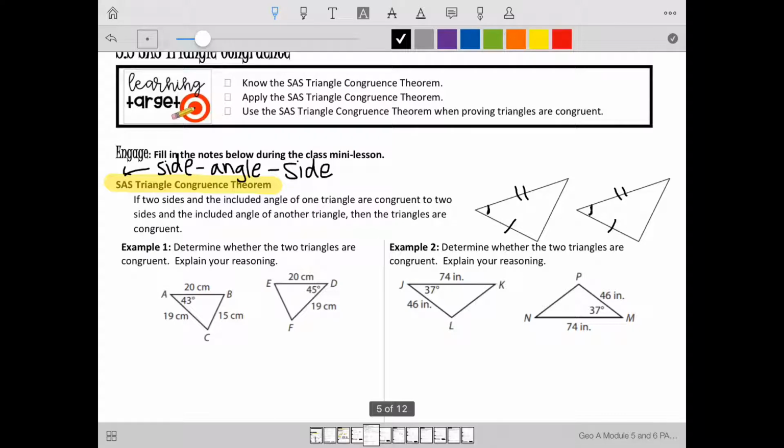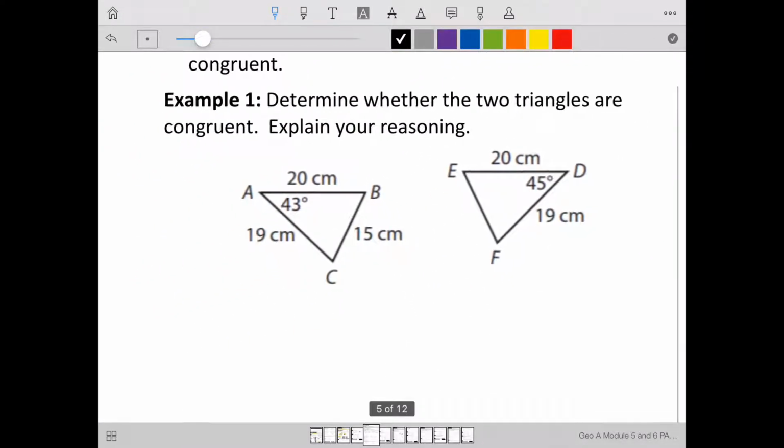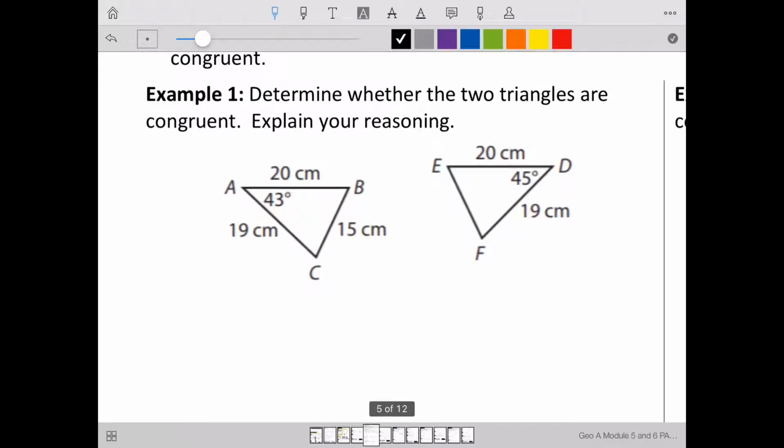So let's look at example number 1 and see if we can use side, angle, side to decide if these two triangles are congruent. Our first side, we have this 19 centimeter, so that's a side. We have the angle 43 degrees, and we have the other side. So side, angle, side.